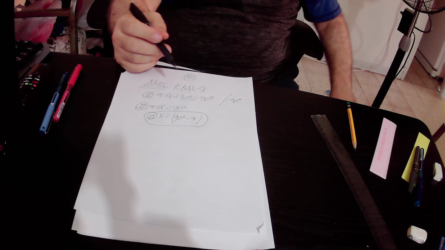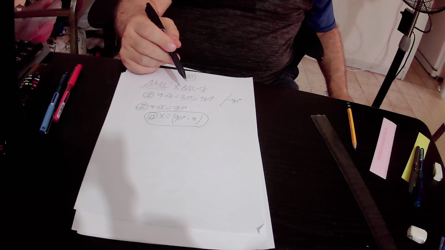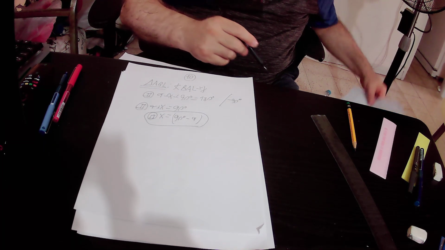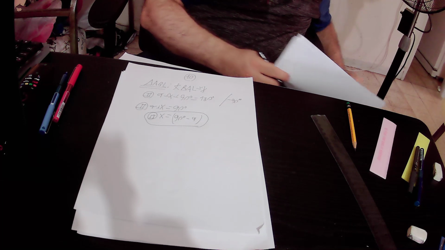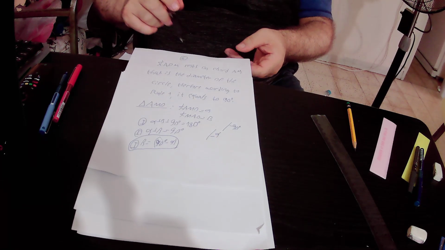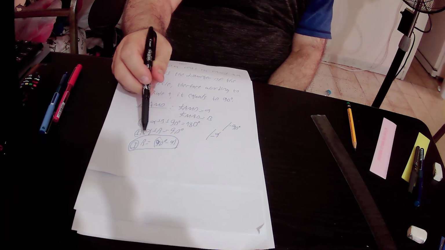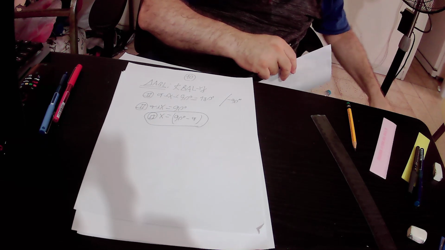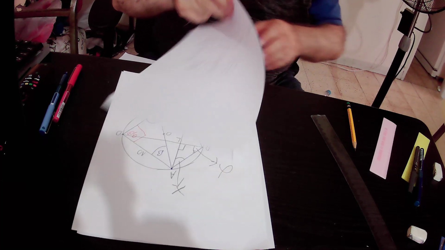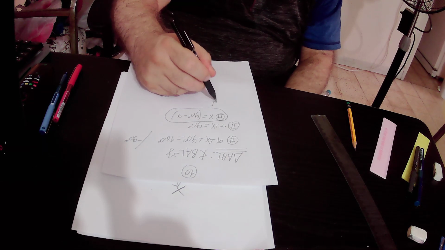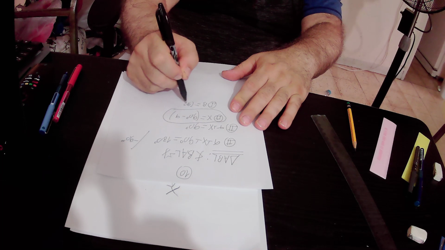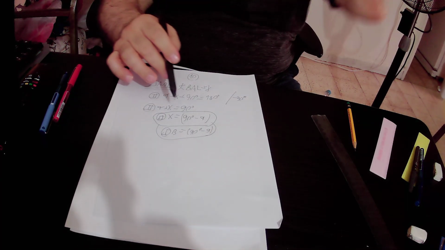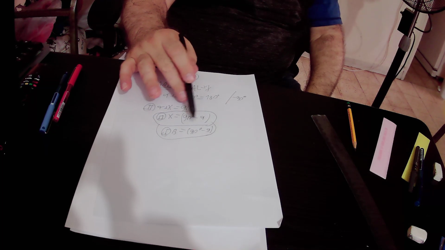This is our second equation, but from the first equation we know that beta also equals to 90 degrees minus alpha.